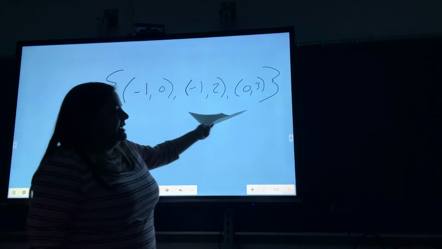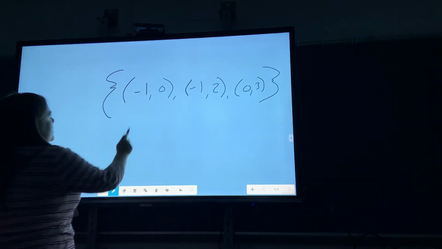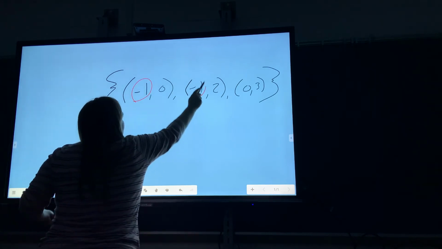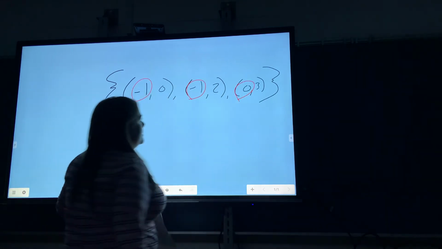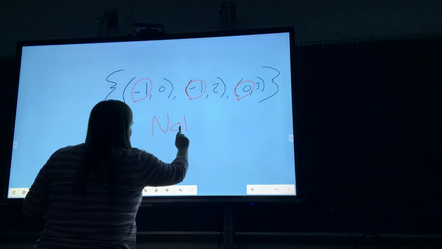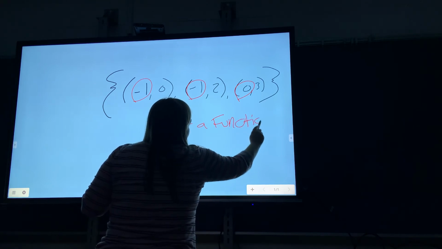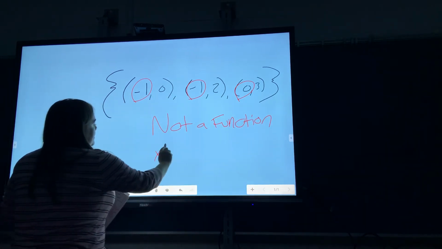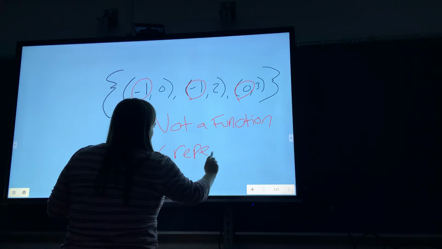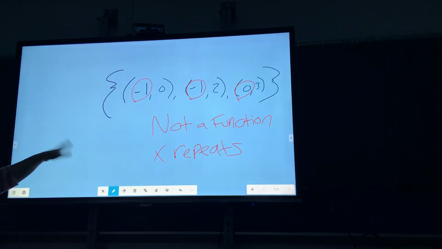Sometimes you might get like 5 or 6 points, but I'm just doing 3. So I'm looking here, I have a -1, I have a -1, and I have a 0. So you guessed it, not a function. And again, it'll ask you why, and it's because x repeats. So that is that.